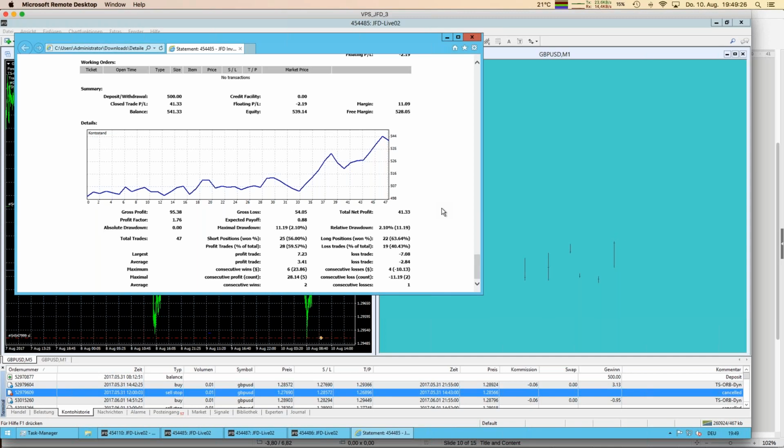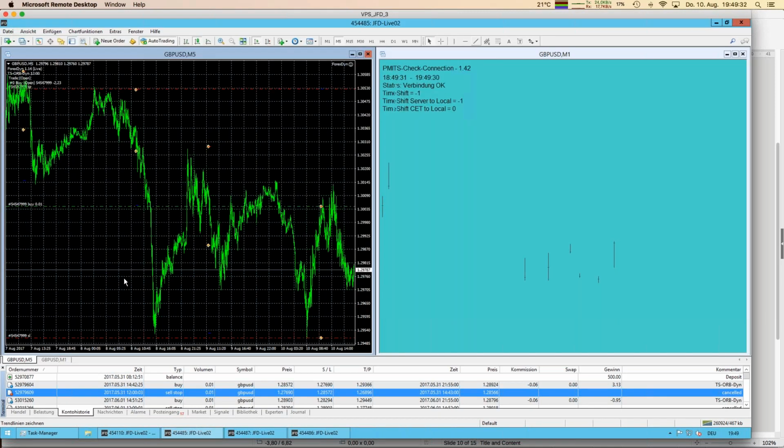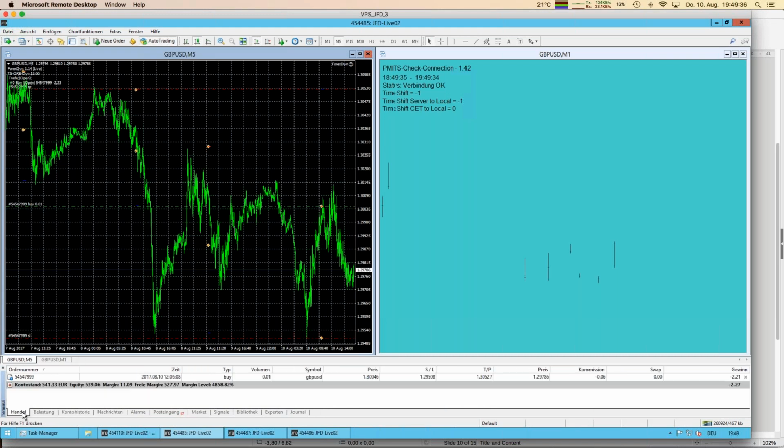So it works definitely well with that strategy on British pound, US dollar. So performing well, even though today's trade does not look that promising, and I don't expect it will change before midnight so that we get that trade into the profit region.